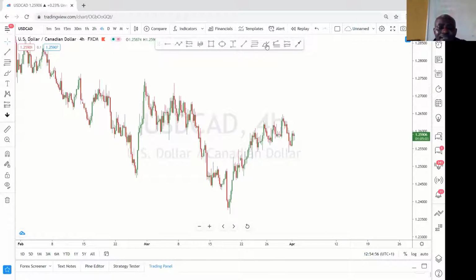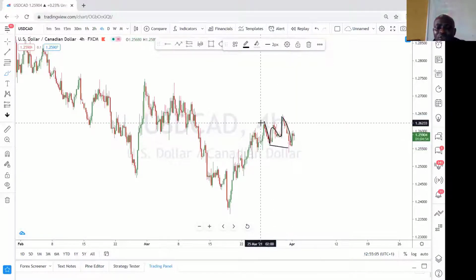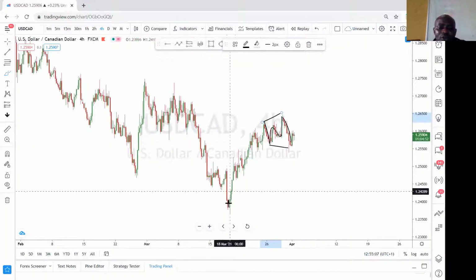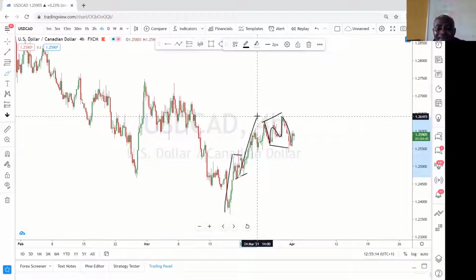But you can see that it has a correct structure here. You see 1, 2, 3 here, and you see it come down. This is a complete corrective structure for more upside. And of course, you see what happened here. You see another connector here, and you see this move. Balance, right?